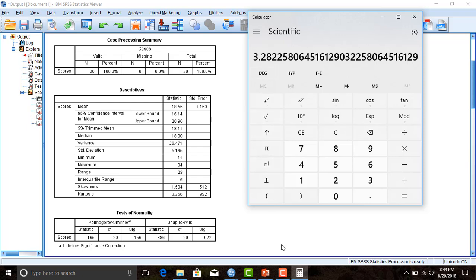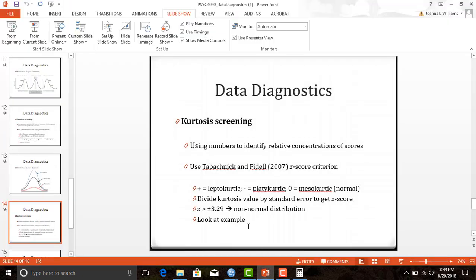Okay, 3.28. And if we go back to our criterion of 3.29, it's very close, but it's not beyond the benchmark criterion. So if it's not beyond it, you should conclude it's approximately normal if you stick hard and fast to that 3.29. So 3.28 is just under 3.29, therefore you can conclude it's approximately normal based on kurtosis.